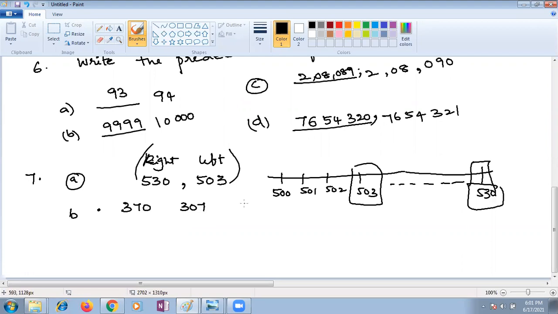In this case, Drona, which is left and right? Ma'am, you mean bigger and smaller? Yes. Ma'am, the bigger number is always on the right side, the smaller number always on the left side. Very good. 370 is right and 307 is left. Very good. The same way you can choose for the remaining numbers, children.